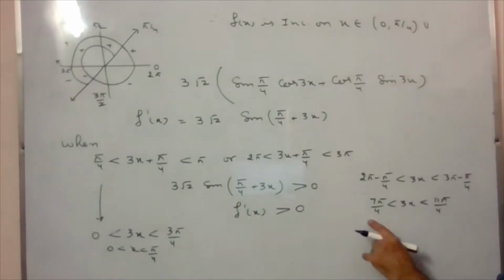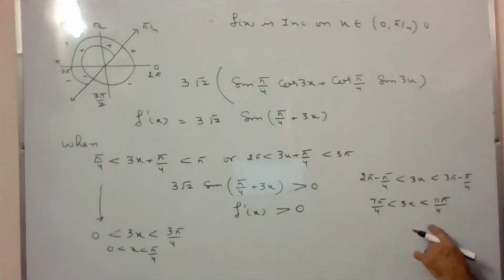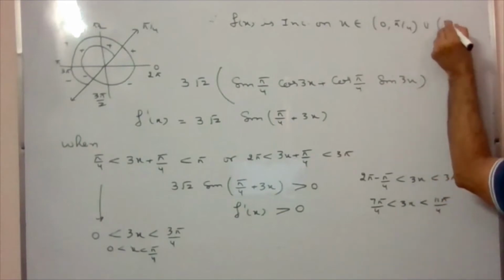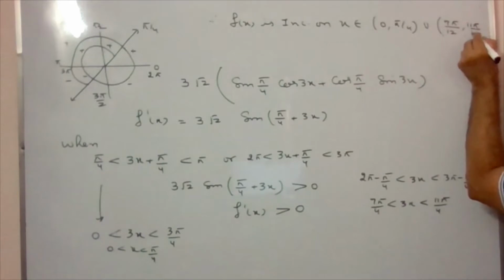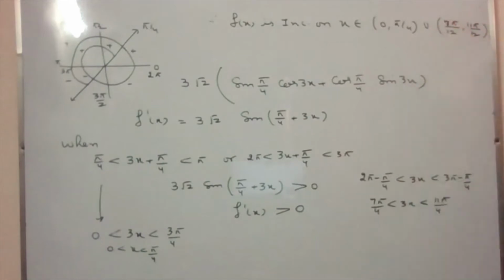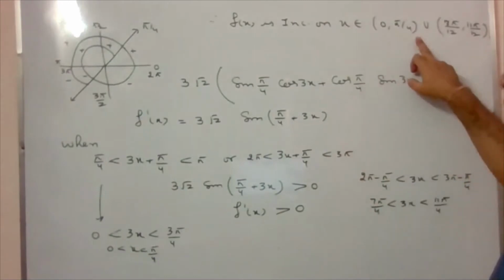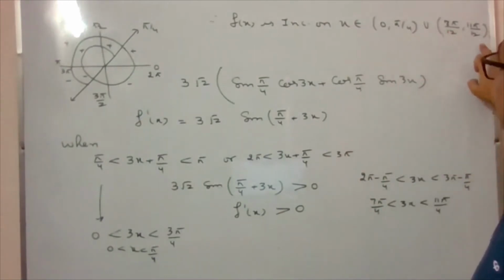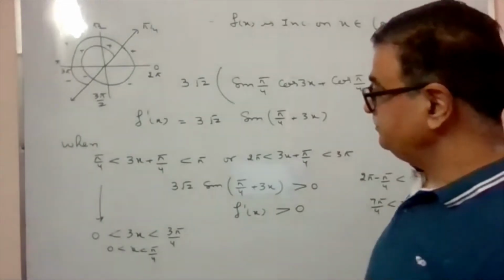And then we divide by 3 again. So it will come 7 pi by 12 and 11 pi by 12. So the function is increasing from 0 to pi by 4 and from 7 pi by 12 to 11 pi by 12.